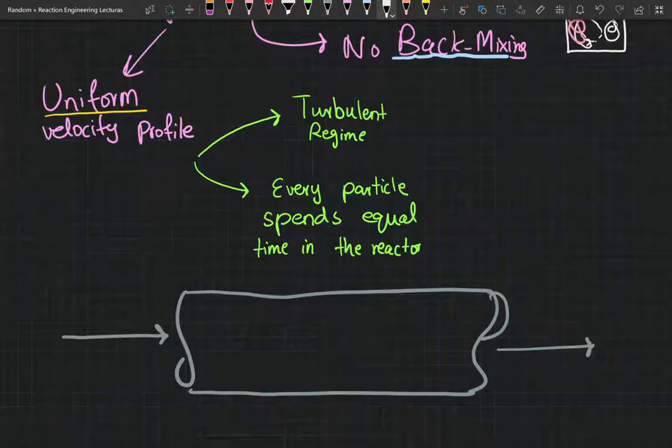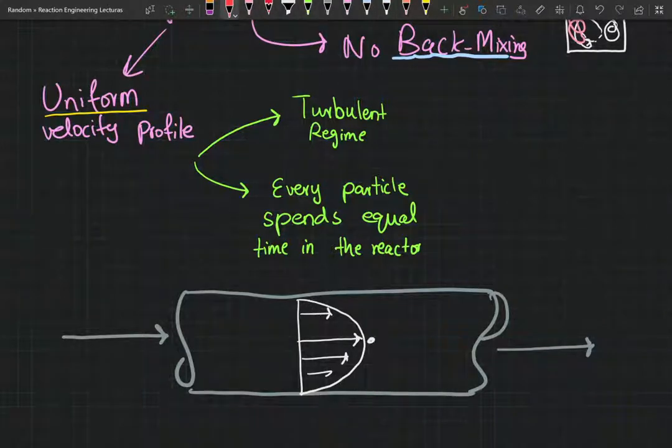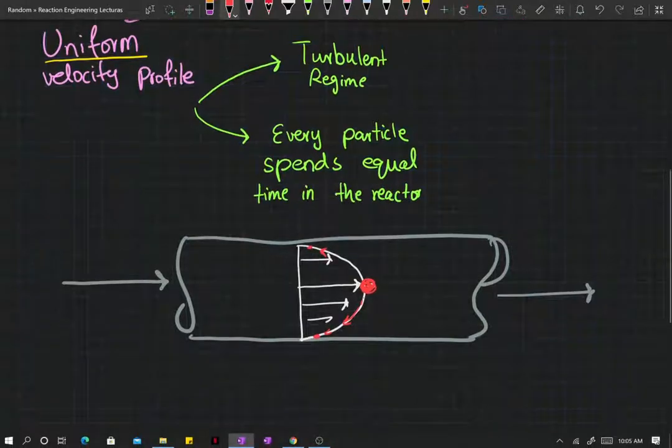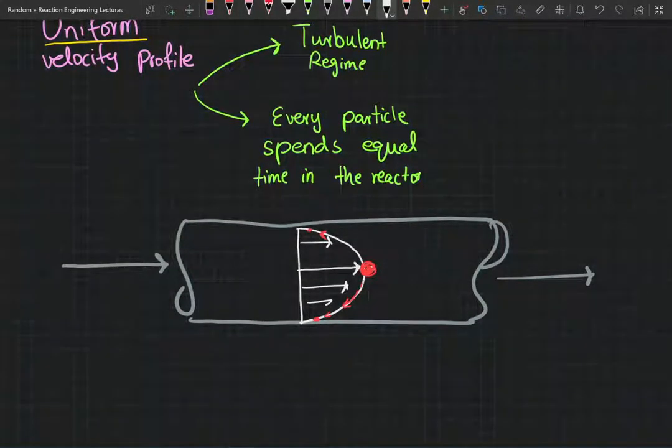In laminar flow, if you guys remember, once you solve the Hagen-Poiseuille law for Newtonian fluids, you're going to have a parabolic velocity profile. The velocity is highest at the center, and as you go towards the edges of the pipe, velocity decreases. This is laminar flow.